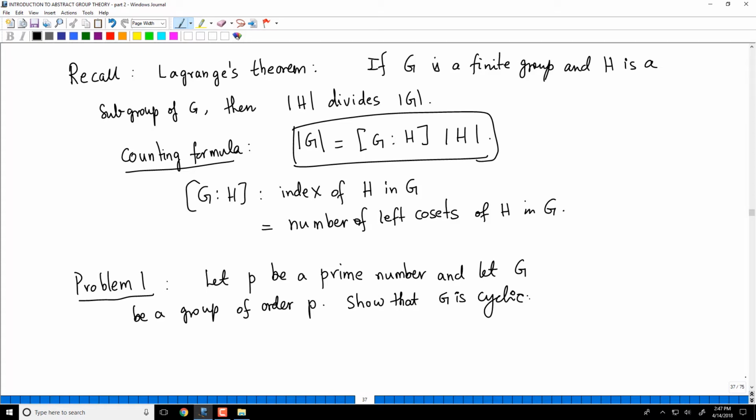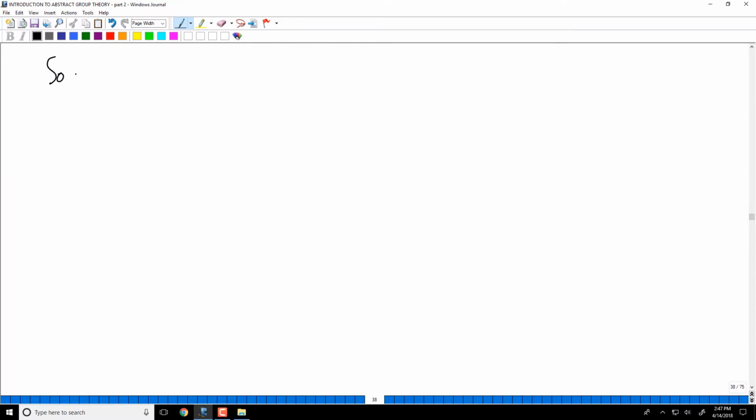So recall that a cyclic group is a group which is generated by a single element. Okay, and I will recall this definition again in the solution. So if a group has order a prime number, then it is a cyclic group.